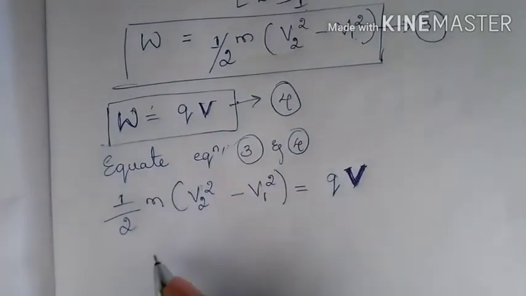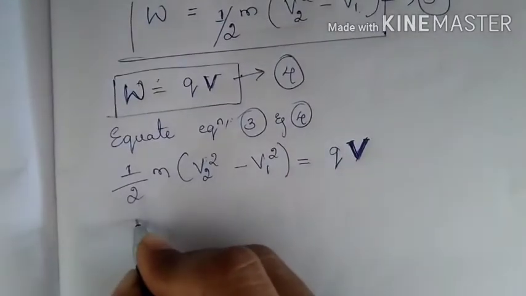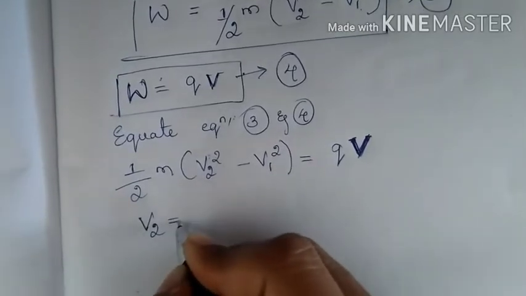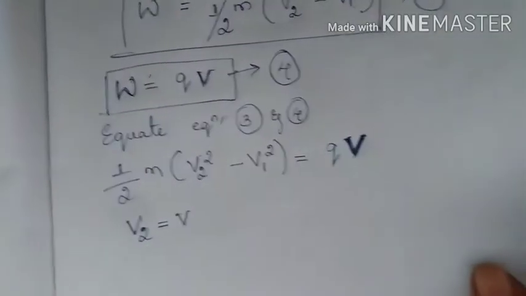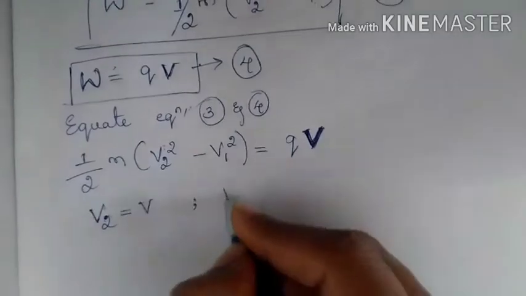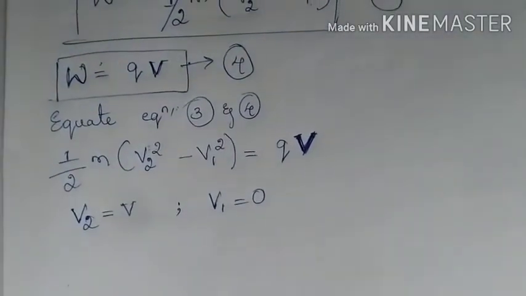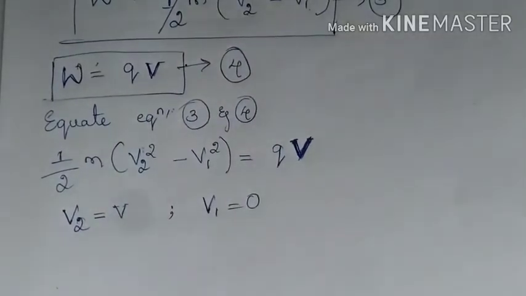So we are taking the consideration that the particle is starting from rest. So the final velocity v2 is v, and the initial velocity v1 is equal to 0.